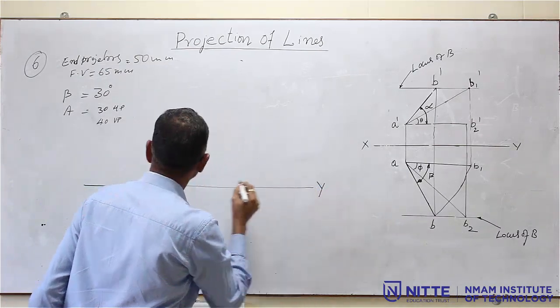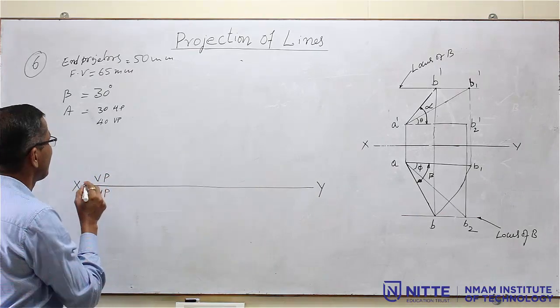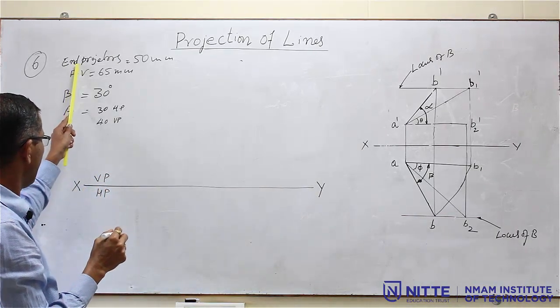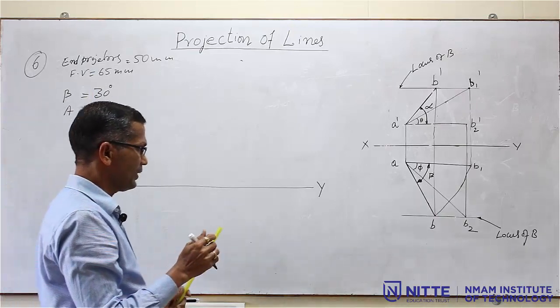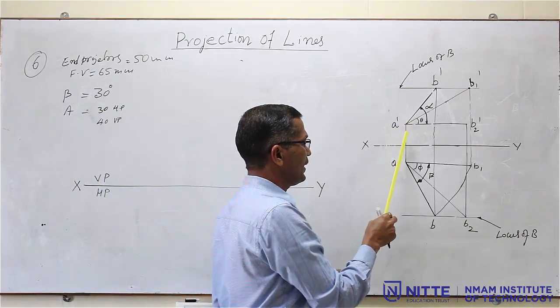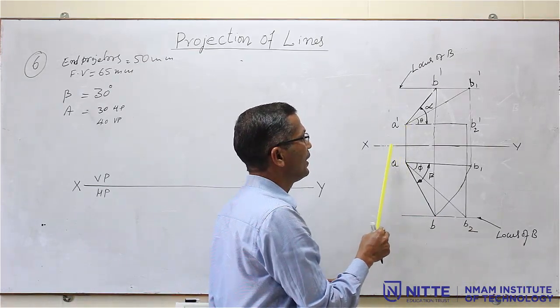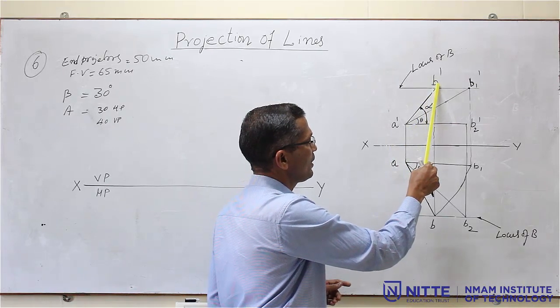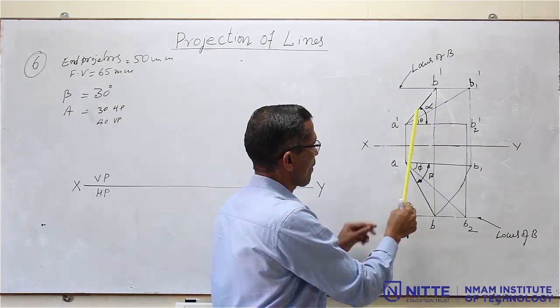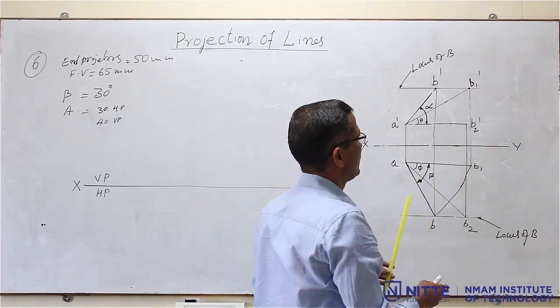So, this is the XY line, VP and HP. Now, here the end projectors, what do end projectors mean? The line joining A and A dash, this is one end projector, and the line joining B dash and B. So, these are the two end projectors, not the others.